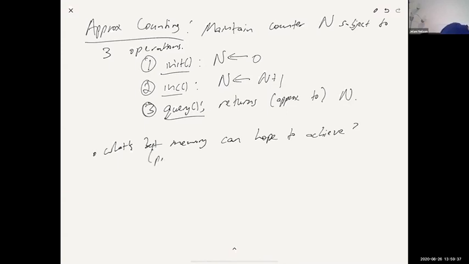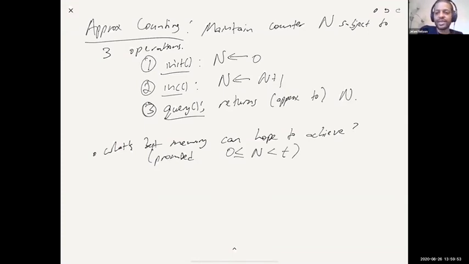Let's say that I'm promised that n is between 0 and t at query time.